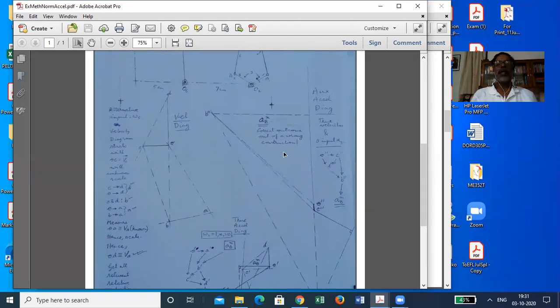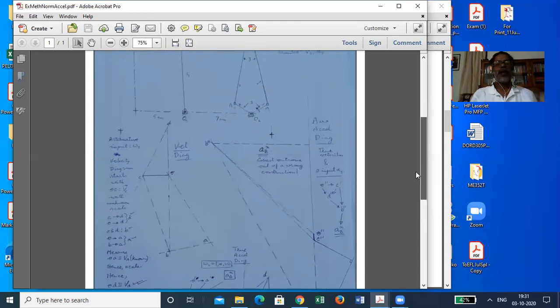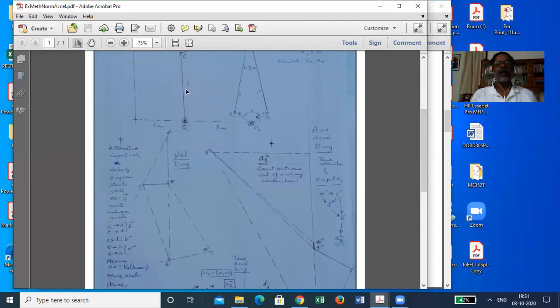So you start again with the true velocities and zero angular acceleration of this input link. Okay. So true velocities and zero angular acceleration. So then relative to O5, the acceleration of C will be normal in this direction and tangential in a perpendicular direction.